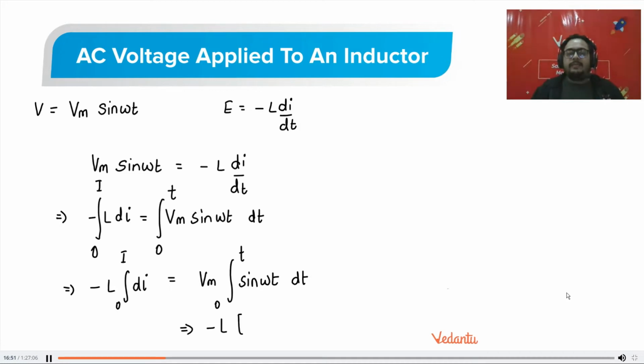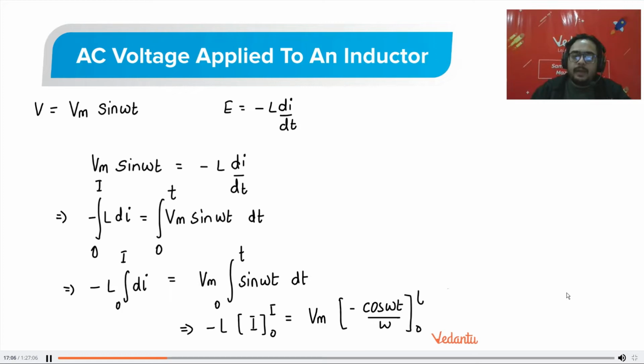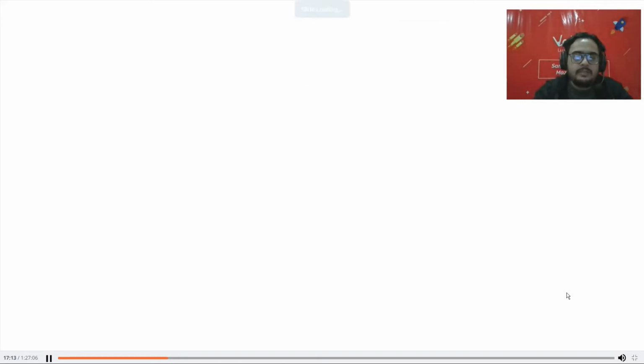Integration of di will be I, so minus L I, limit 0 to I, is equal to Vm. Integration of sine omega t is minus cos omega t by omega, and the limit is from 0 to t. It's just maths.